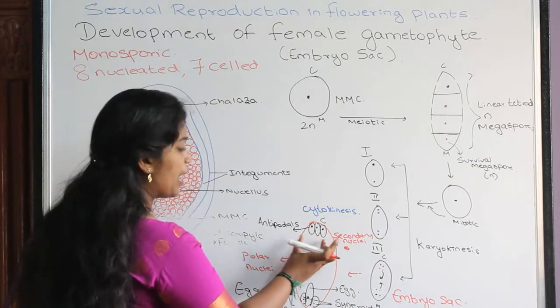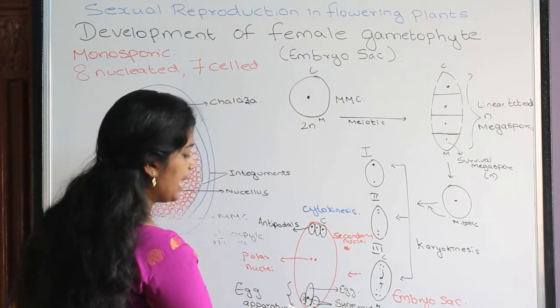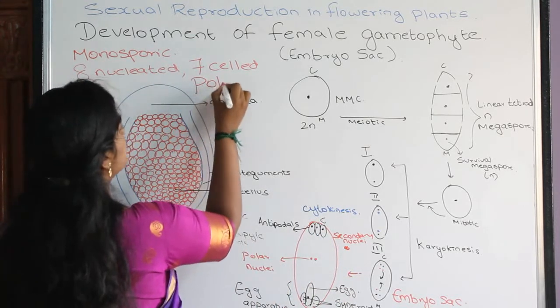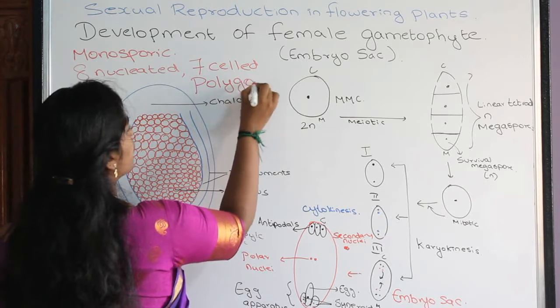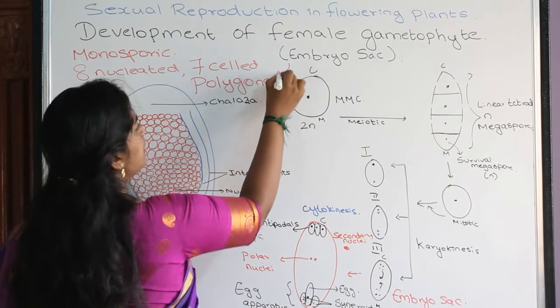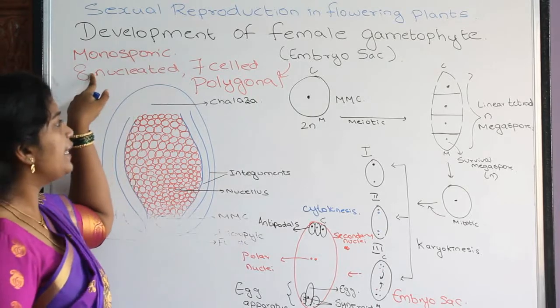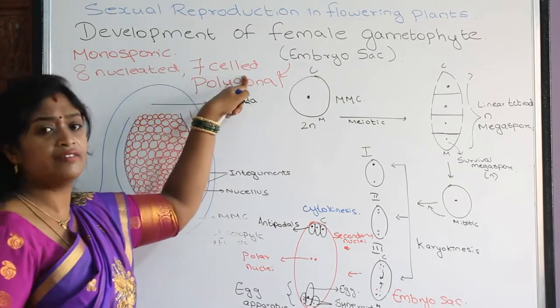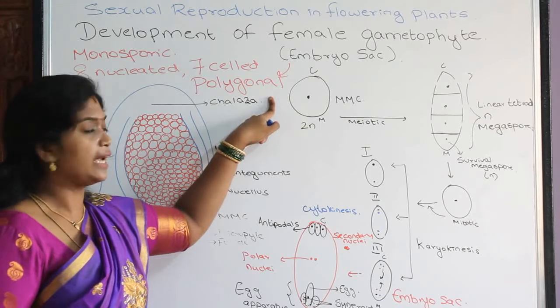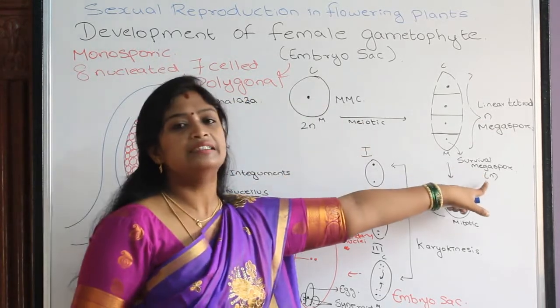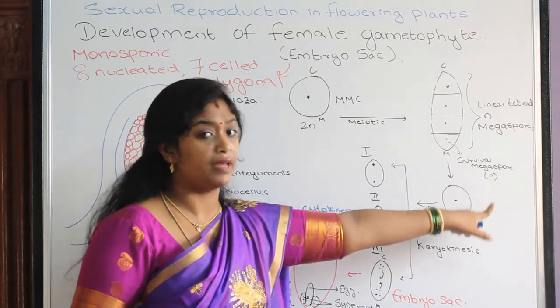Since it consists of antipodals, polar nuclei, and egg apparatus, this is called the polygonum type. Thus, we say that the embryo sac is monosporic, 8 nucleated, 7-celled, polygonum type. It is monosporic since it is made up of a single haploid surviving megaspore.